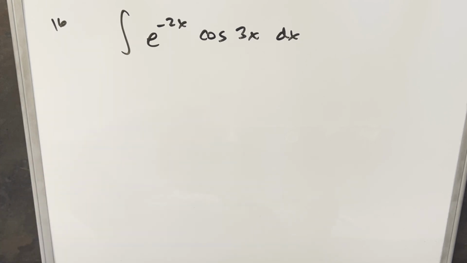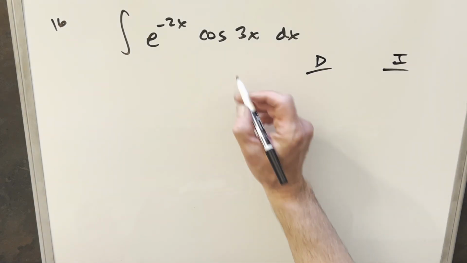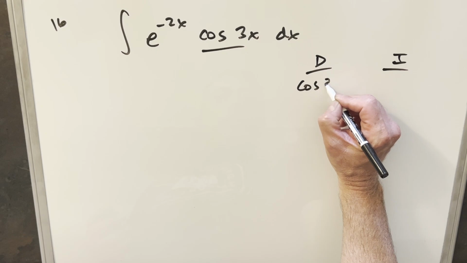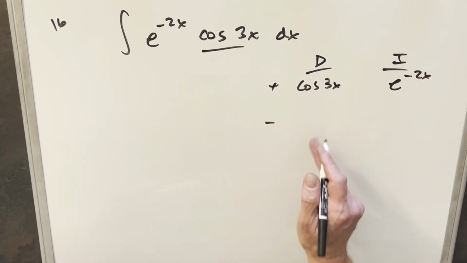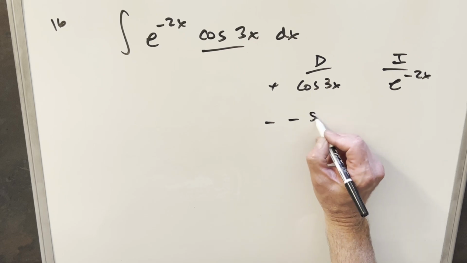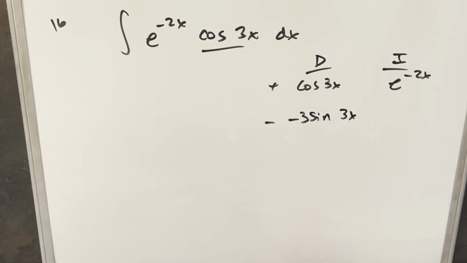I feel almost like I should do this using complex numbers, but I don't really feel like it. So we're just going to do integration by parts right here. I think what I'll do is we'll differentiate cosine 3x, integrate e to the minus 2x. Derivative here, this is going to be minus sine 3x, bring a 3 out, right?